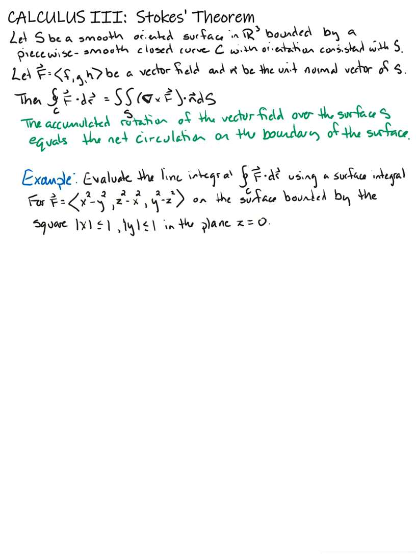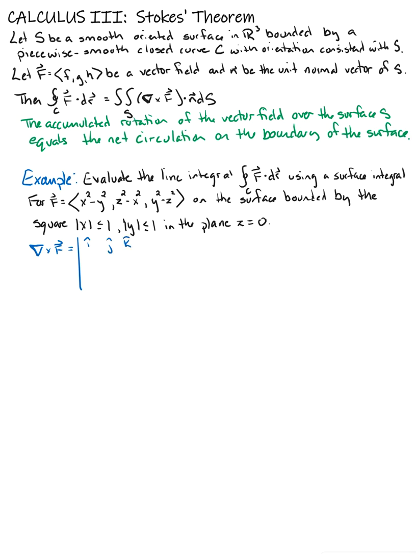So in order to do this, of course, we are going to be using this. Let's go ahead and build it piece by piece rather than putting it all together at once. So let's first take a look at the gradient crossed with F. So remember the cross product. Our first row is i, j, and k.